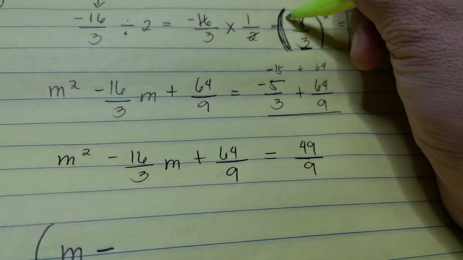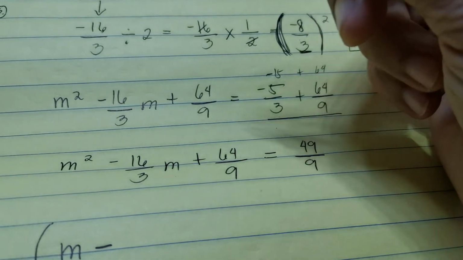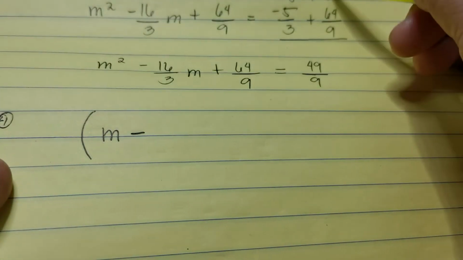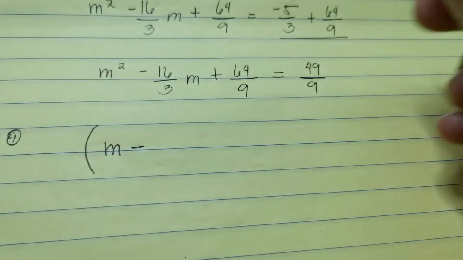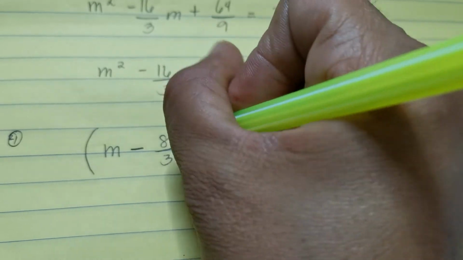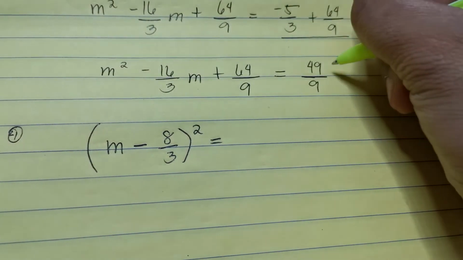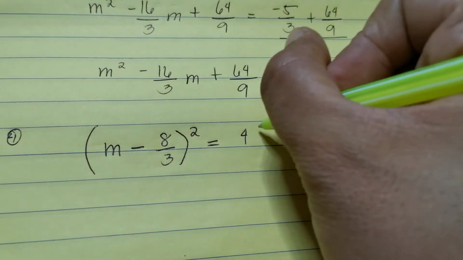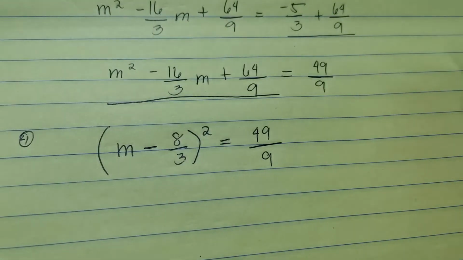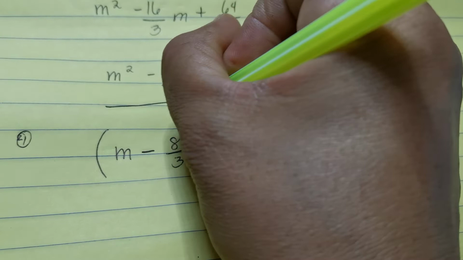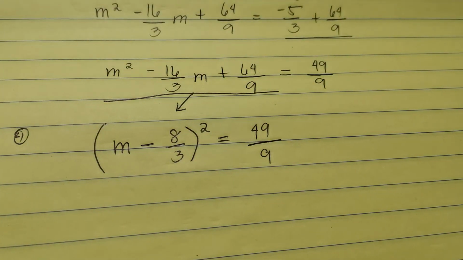So that is negative 8 over 3. Therefore, our factors are the quantity m minus 8 over 3, squared, equals 49 over 9. This left side of our equation is already factored as that. It is a perfect square trinomial.